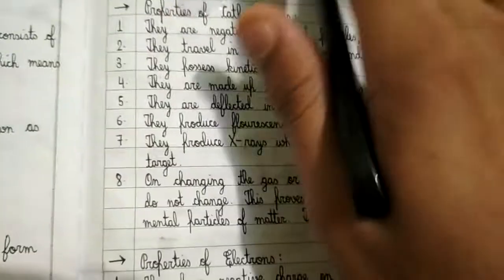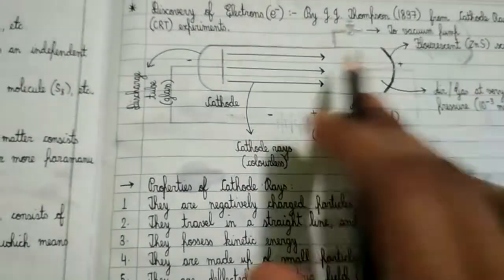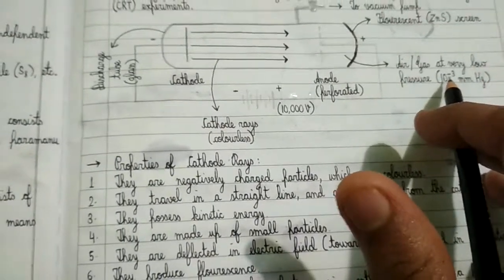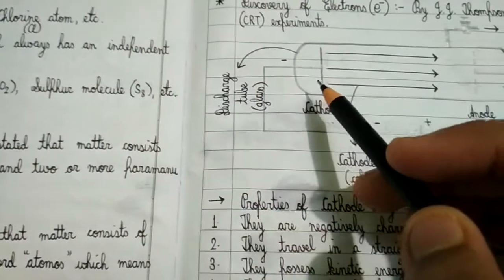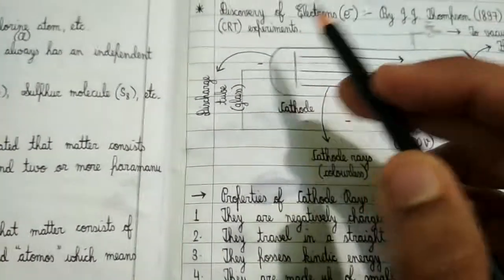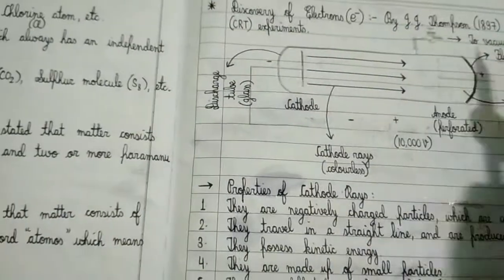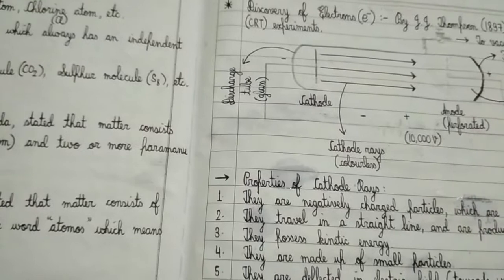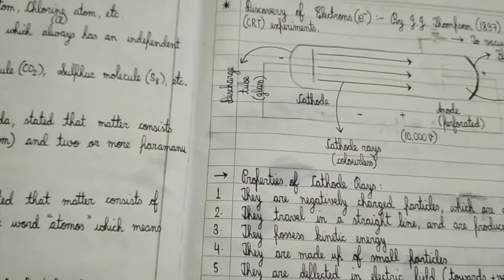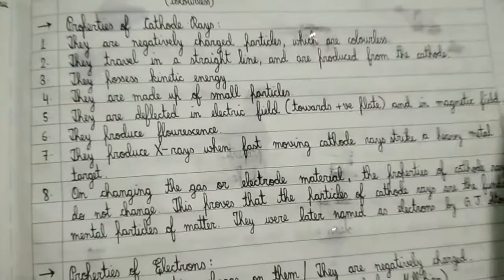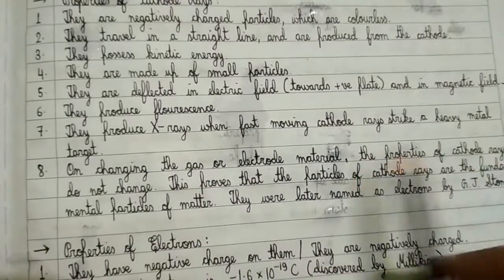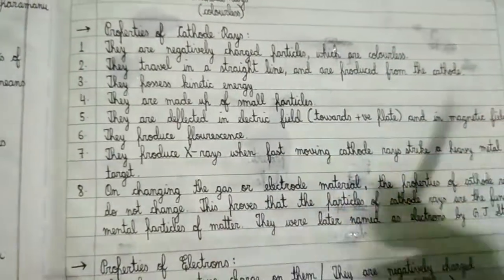I hope you understood this. Next, the last and most important point: on changing the gas, because even if the pressure is very low, some gas is there, since it is not exactly zero, or on changing the electrode material, let's suppose it was first made of iron, then we changed it to copper, then silver, then platinum, then zinc, manganese, and so on, we found that the properties of the cathode rays did not change.